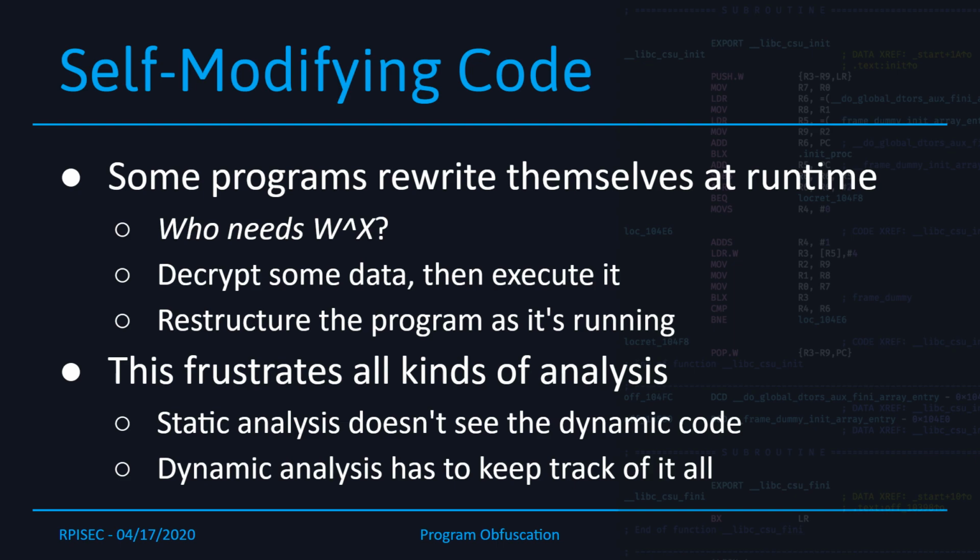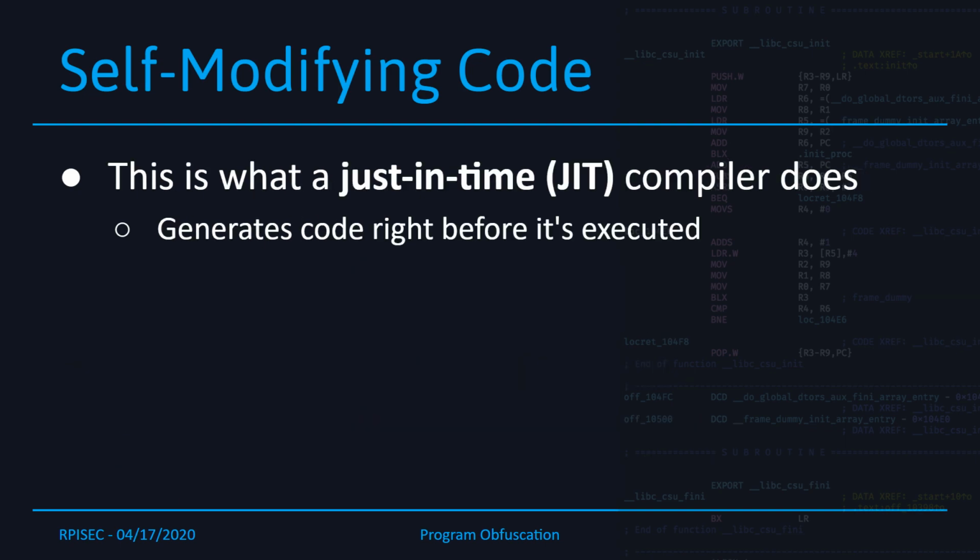They can restructure the program as it's running. This makes analysis very obnoxious. Static analysis just sees a blob of encrypted data or just meaningless instructions. And even dynamic analysis has to keep track of all of this. If you think about it, you want to keep track of the control flow, you have to remember every state of the program. And that can get very expensive.